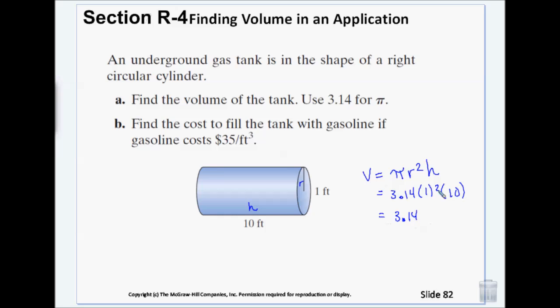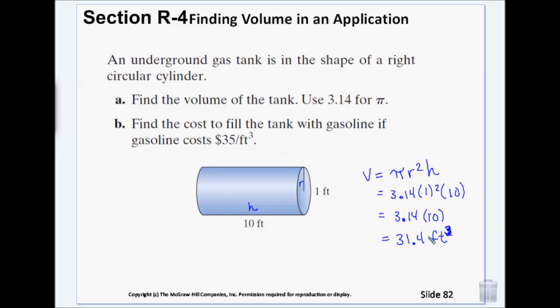So 1 squared is 1 times 3.14 is just 3.14 times 10. So it's 31.4 square feet. Okay. Or, sorry. Cubic feet. I'm getting my units wrong.